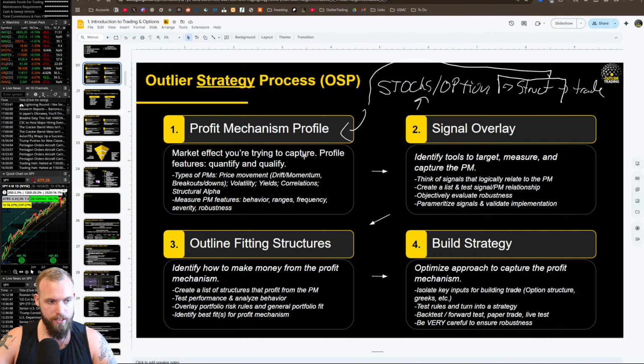The difference, as I mentioned, in my brain between a market effect and a profit mechanism is that a market effect isn't necessarily something that you can monetize. It could just be an anomaly. It could just be something you saw there. A great example, actually, is in the Discord. A member noted an interesting behavioral pattern they identified in GameStop.